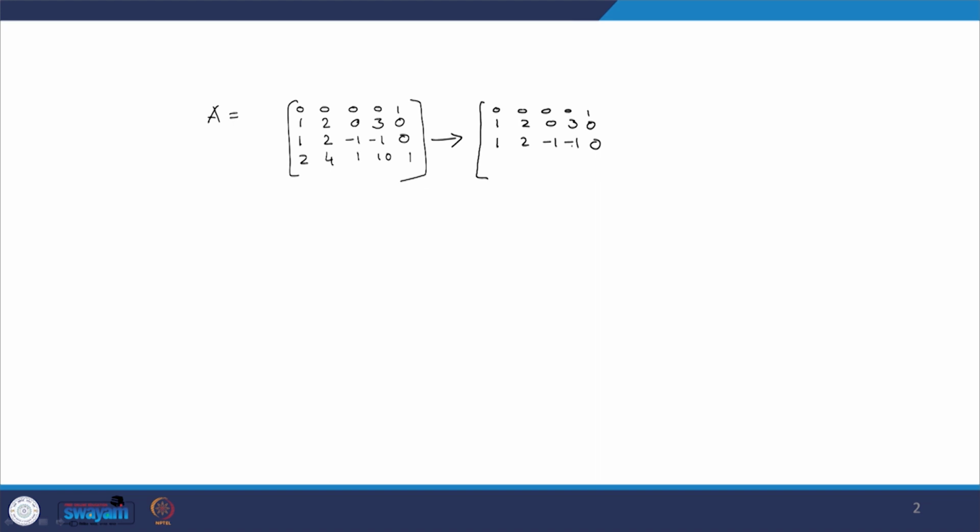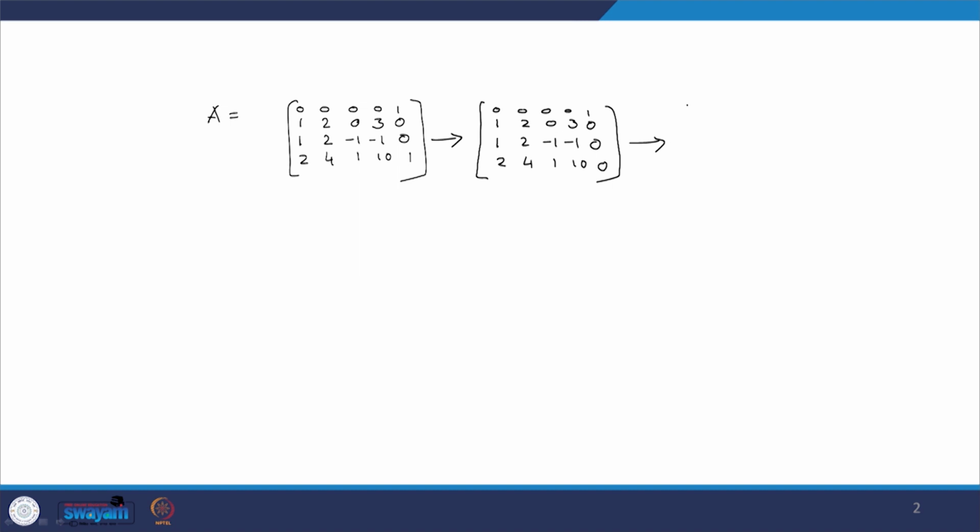I will multiply the first row by minus 1 and then add it. If I do it, I will have 2, 4, 1, 10 and 0. So, for the first row, both criteria of the row-reduced form are satisfied. Now, let me go to the second row.